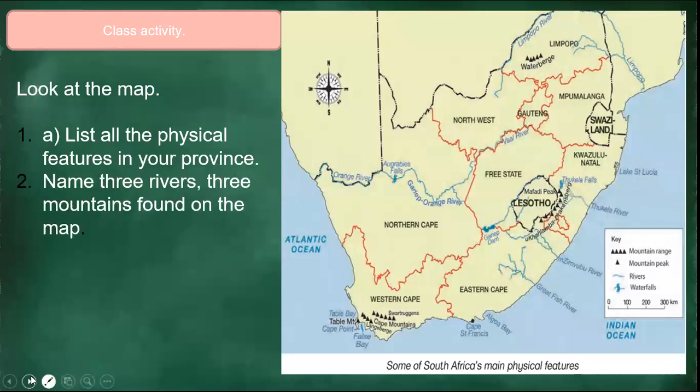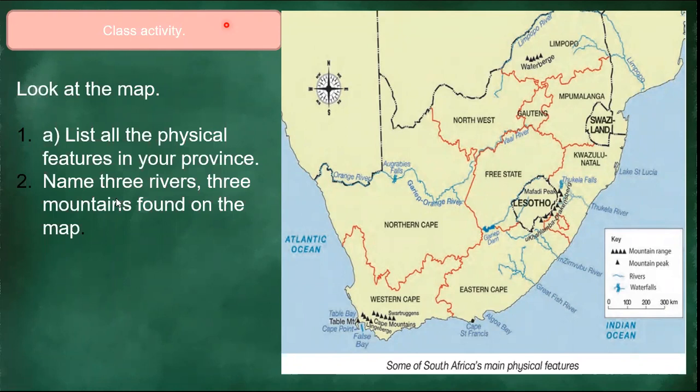Name 3 rivers, 3 mountains found on the map. You name whatever you see. Any province, okay? Yandisa. Ma'am, in the Eastern Cape we have the Great Fish River.